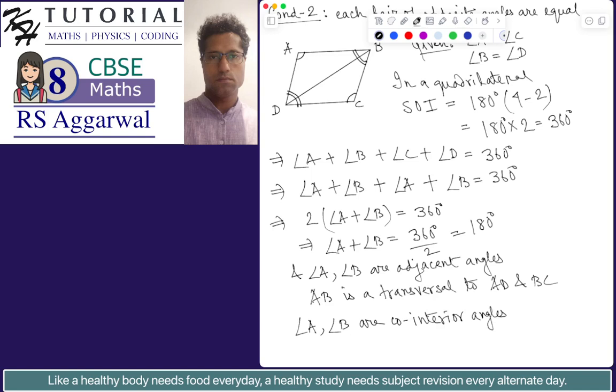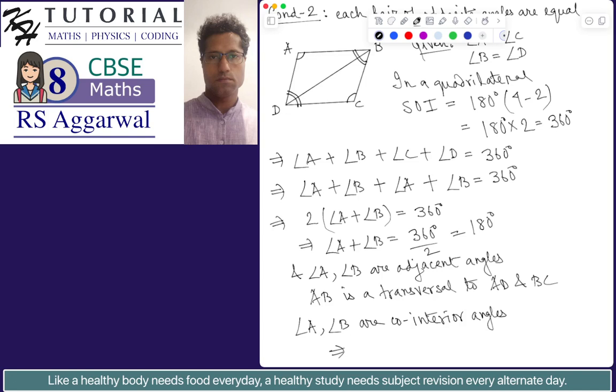So there is a condition that if AB is a transversal cutting the straight lines AD and BC, such that its two co-interior angles have a sum equal to 180 degrees, then the two straight lines AD and BC have to be parallel. This is a concept from transversals and co-interior angles.